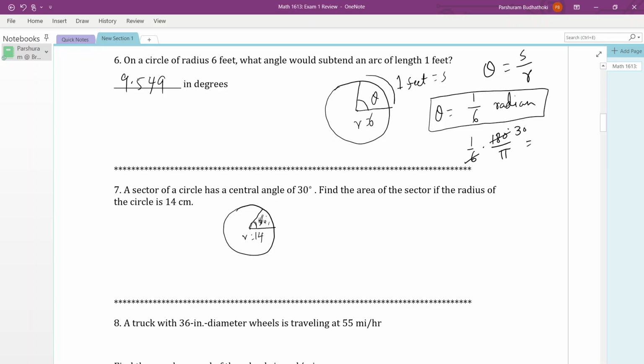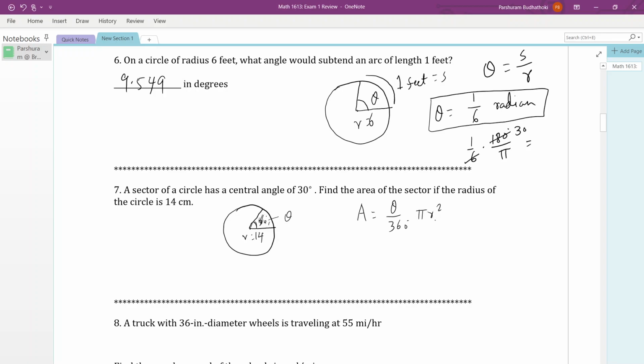For that we have to know the formula. If this is angle theta, which is 30 degrees in this case, then the formula is A equals theta over 360 degrees times pi r squared.